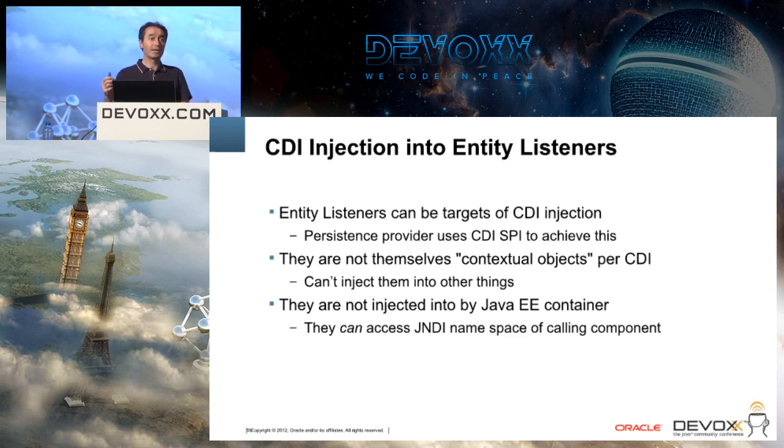So you can plug in a listener who gets callbacks whenever the entity goes through certain lifecycle changes, pre-update, etc. And so the problem was that those classes are being instantiated by the JPA provider, but you couldn't use CDI. You couldn't actually plug anything into these objects. They're not actually managed by the CDI container.